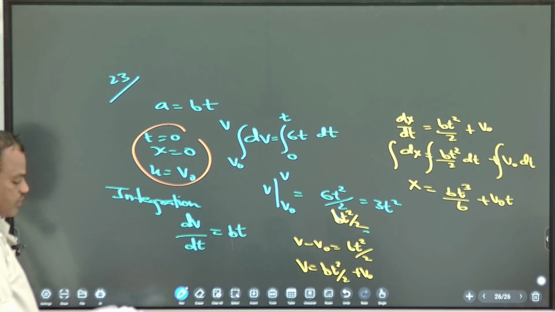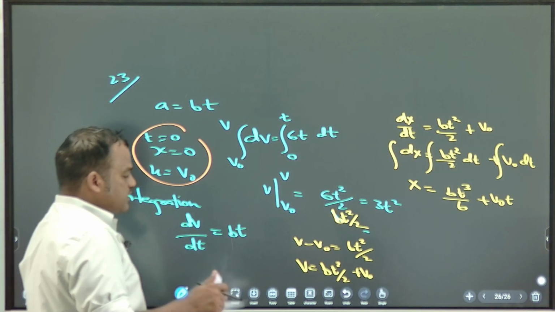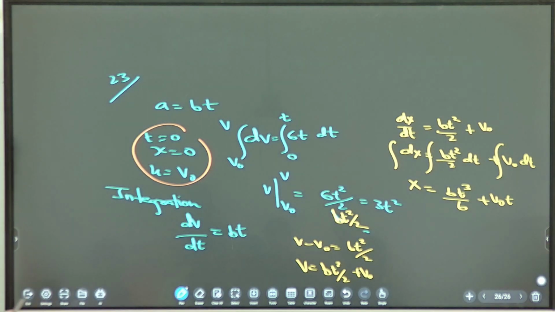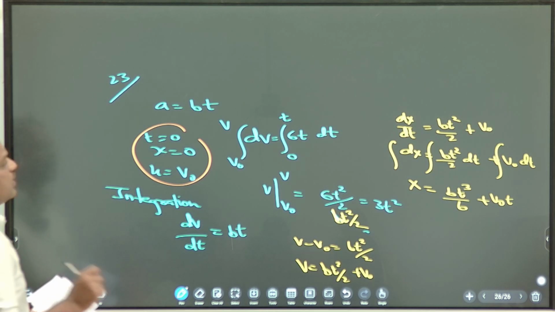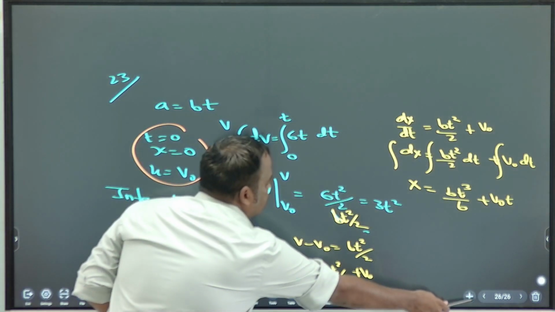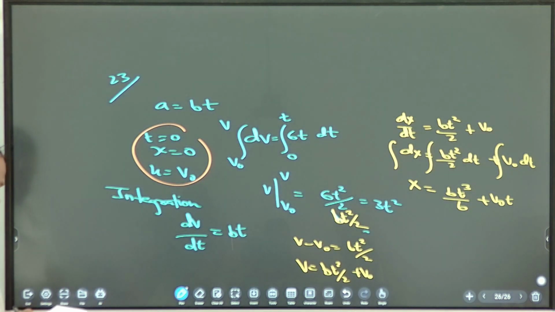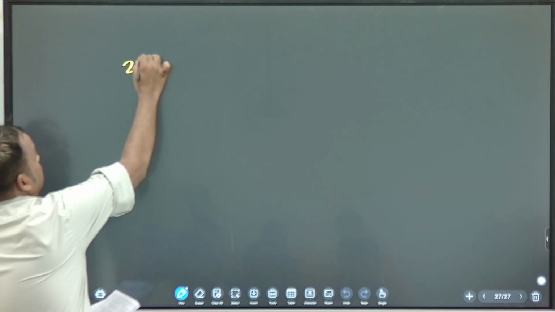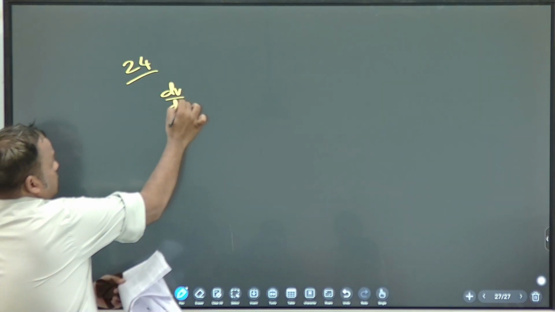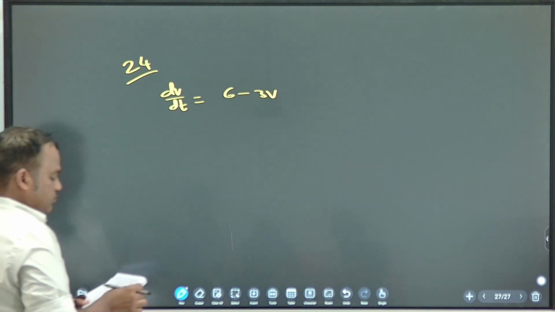Okay, wrote down 25. Now, a little tricky question it is. Motion of a body is given by, note down. What is dv by dt? Dv by dt is acceleration. dv by dt is given 6 minus 3v.